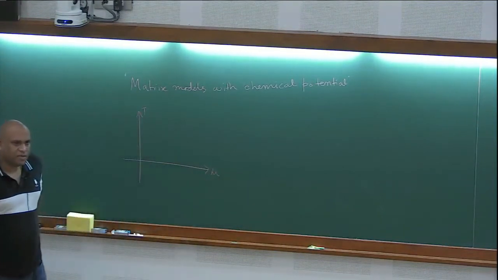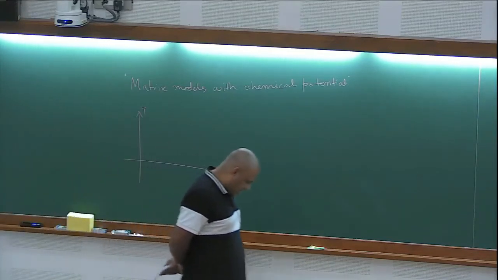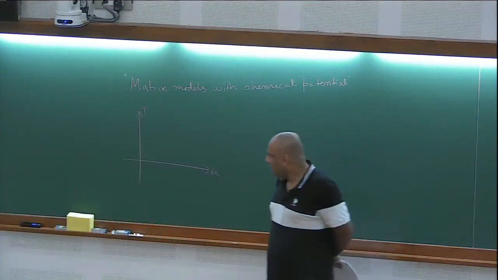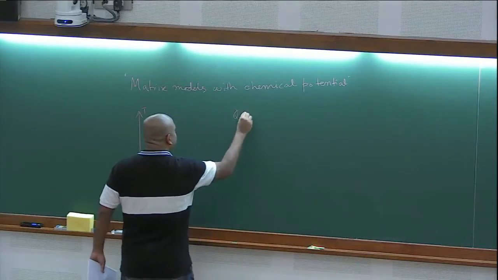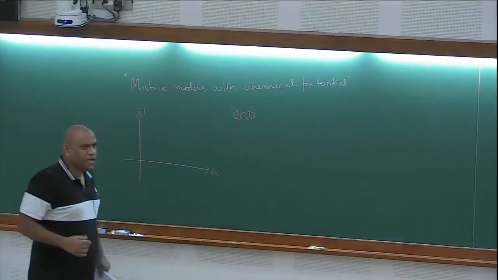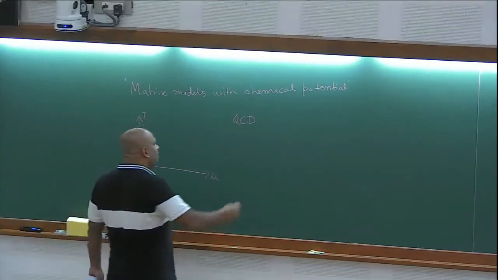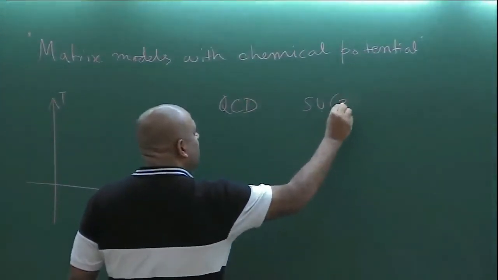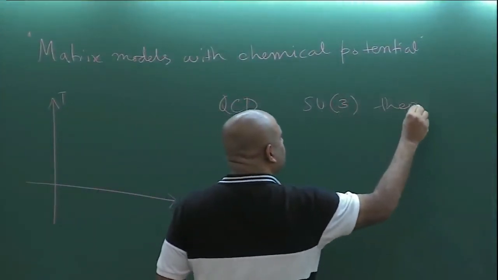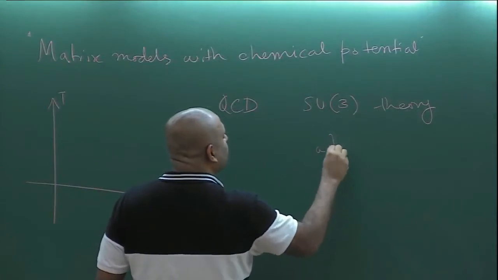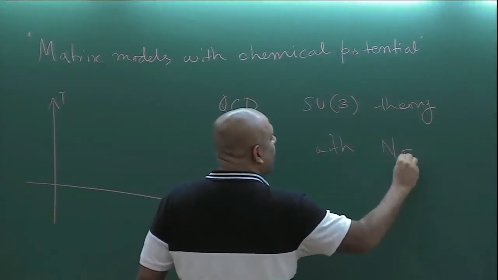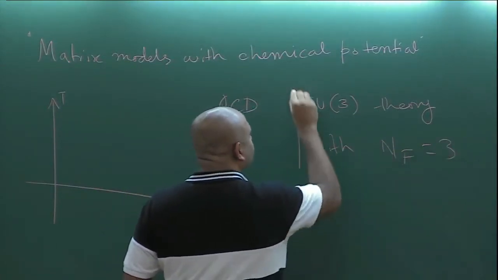So in the axes of temperature and chemical potential, if you look at the phase diagram of QCD, and what I mean by QCD is basically an SU(3) theory with NF equal to 3.